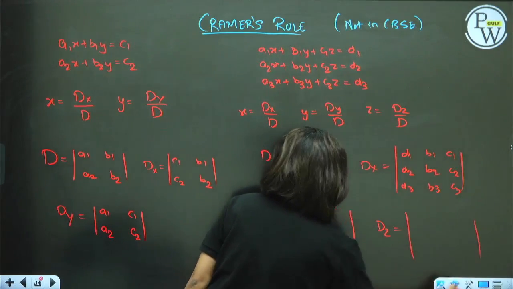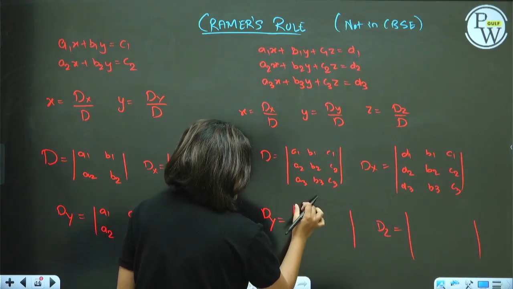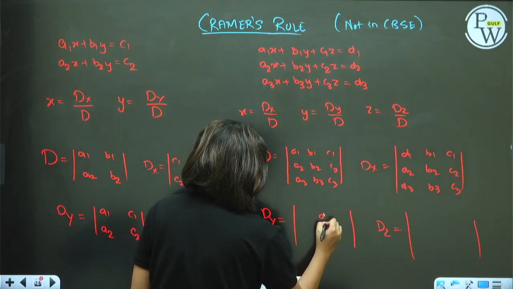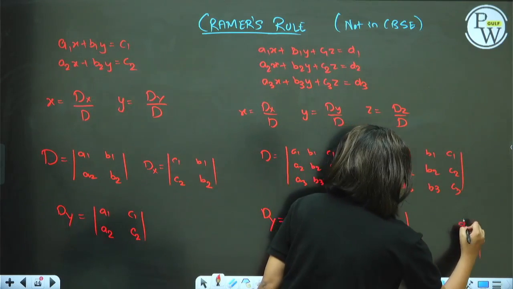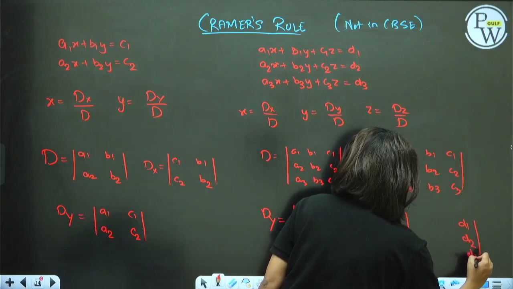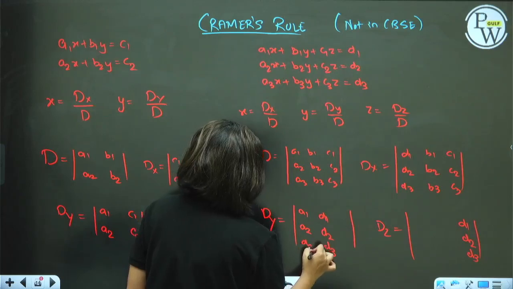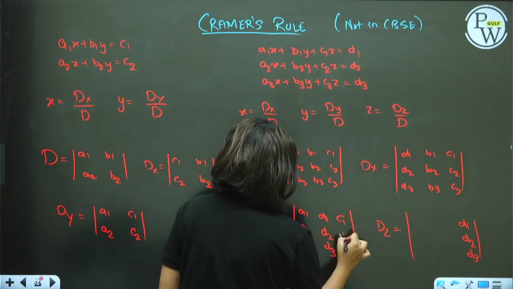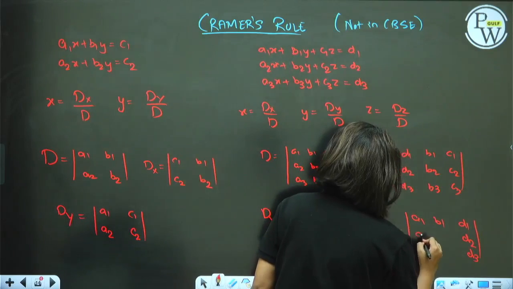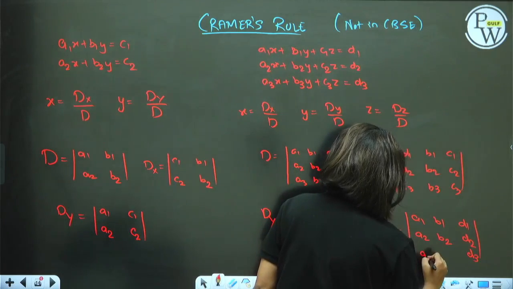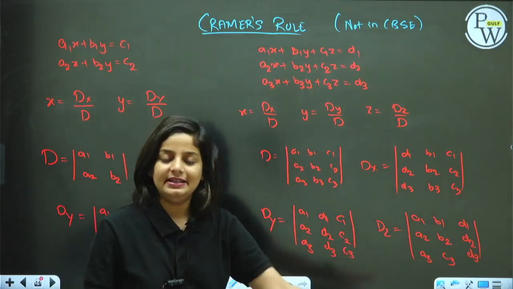The only difference is in Dy, the middle column, in place of x, y, z, y will be replaced with d1 d2 d3, and in Dz the last column will be replaced with d1 d2 and d3. Rest everything is same. Isn't it nice? Very good. Find these four determinants, substitute, you get the answer.